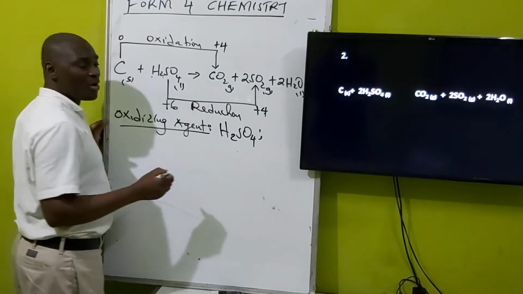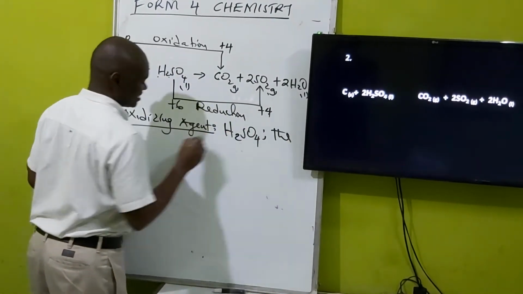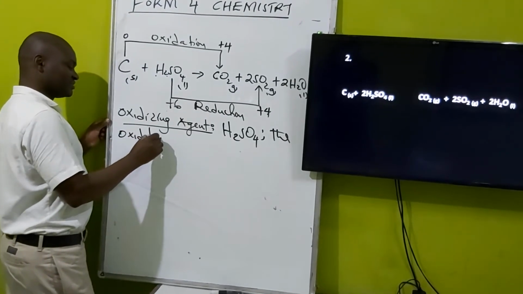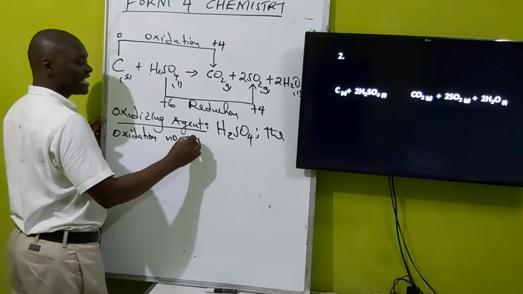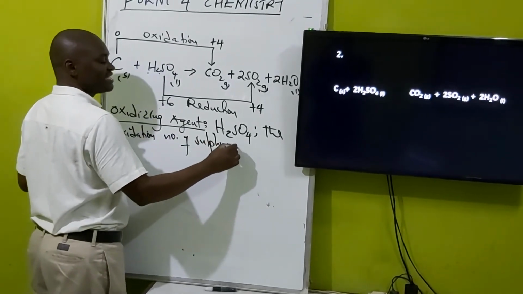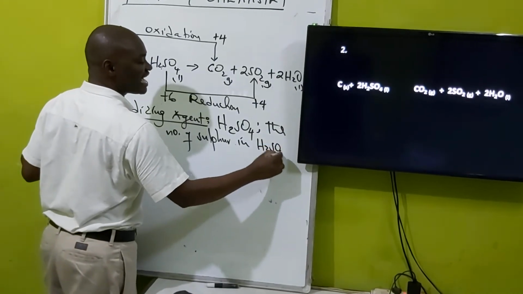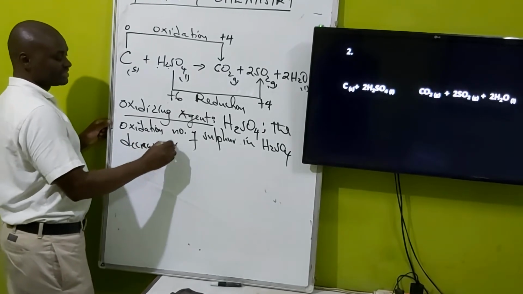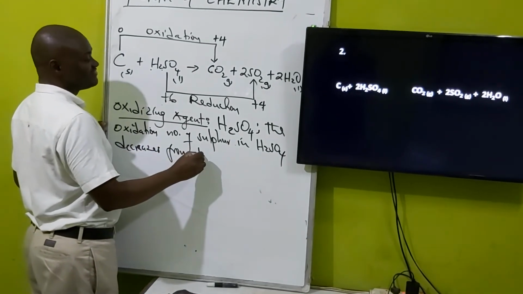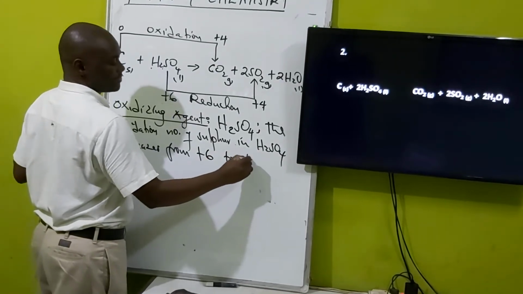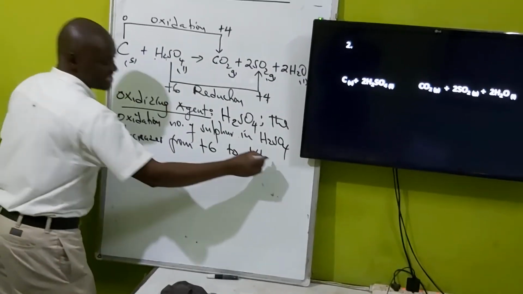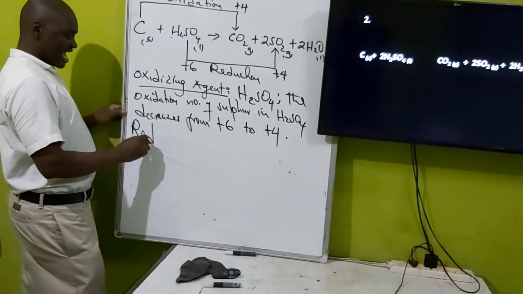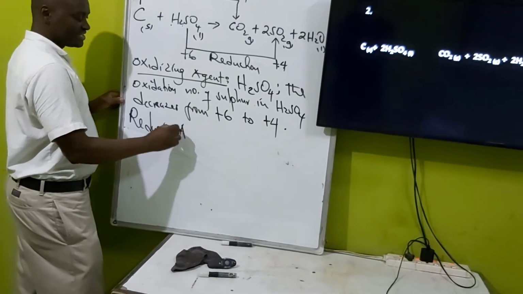Why? Because the oxidation number of sulfur in sulfuric 6 acid decreases from +6 to +4. Then we have the reducing agents.